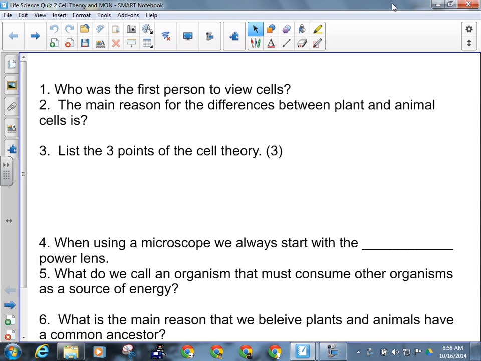Okay, so first person to view cells was who? Hooke. Not the captain, the scientist. Okay. The main reason for the differences between plant and animal cells is their modes of nutrition.